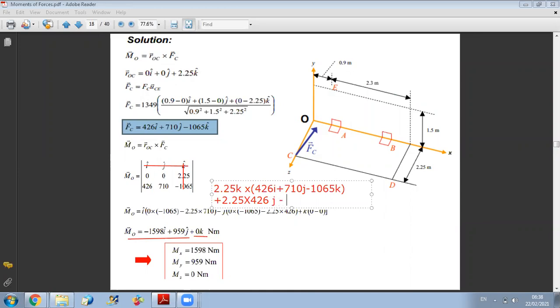So minus 2.25 times 710 along I. And finally, k vectorial k is 0. Okay, so I got the same result I did previously. Any question on this?